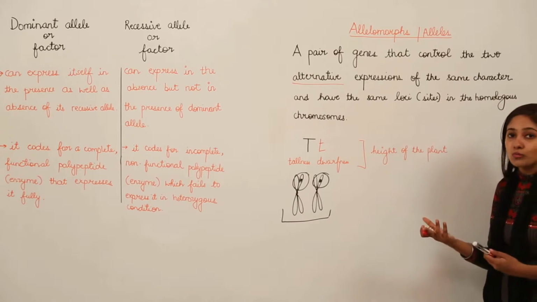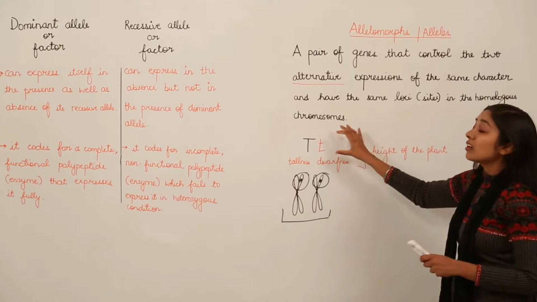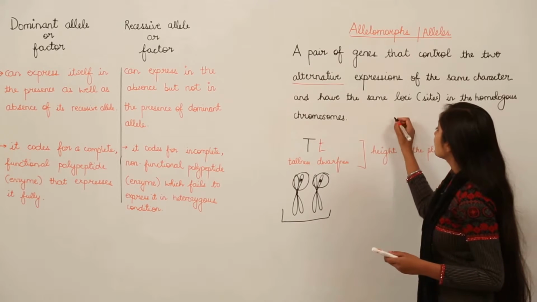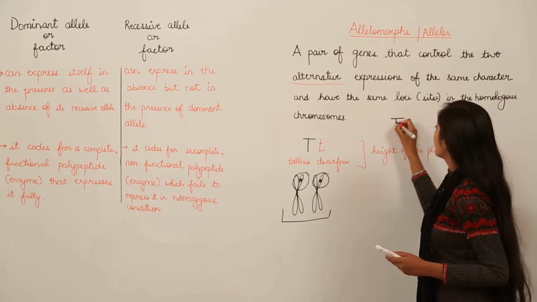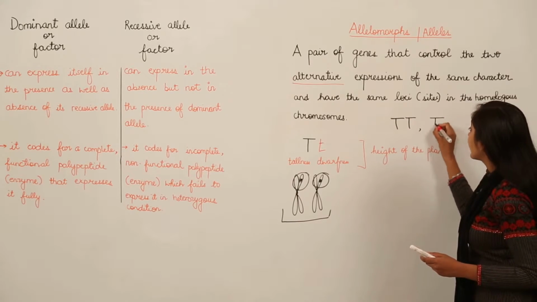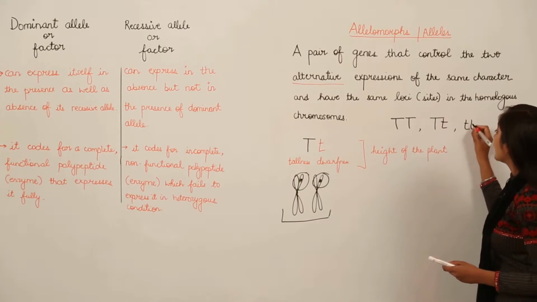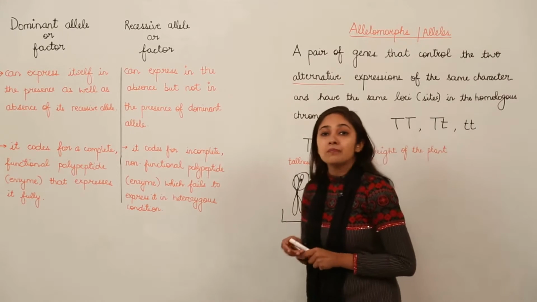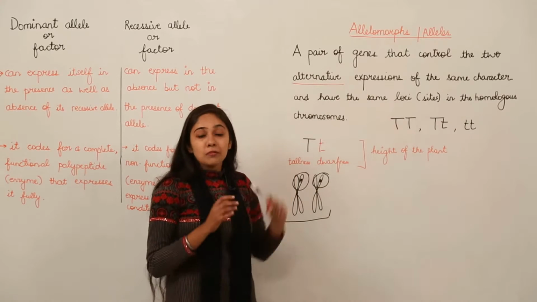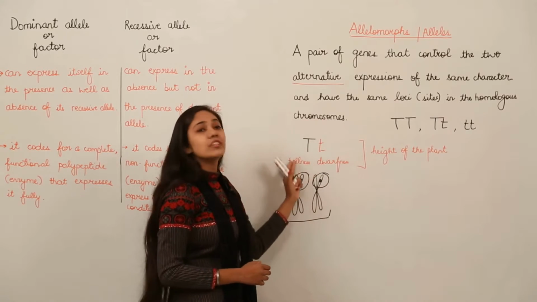the homologous chromosomes. But nowadays, if we talk about alleles, we don't always talk about alternative expressions. Now, the pair of genes, both uppercase letter T, uppercase and lowercase letter t, and both lowercase letter t. All these three pairs, all these three types are also considered as alleles. Remember earlier, whatever we have discussed in this concept, this was the definition of alleles.